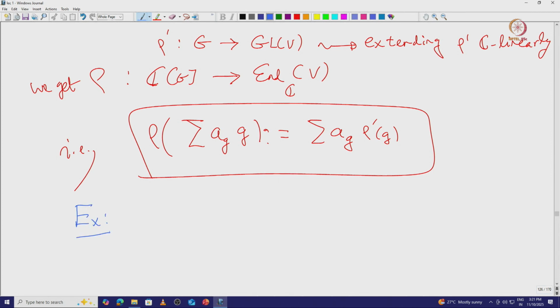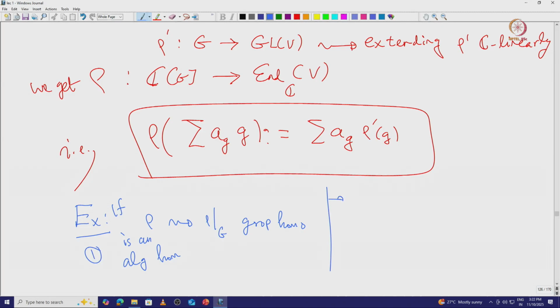Prove that going from rho to rho restricted to G gives a group homomorphism. If rho is an algebra homomorphism, that implies rho restricted to G is a group homomorphism.